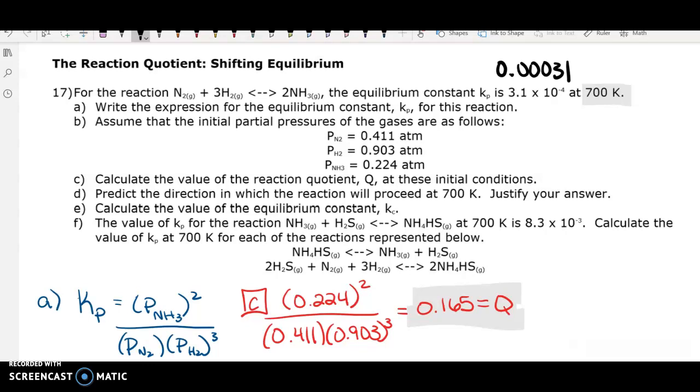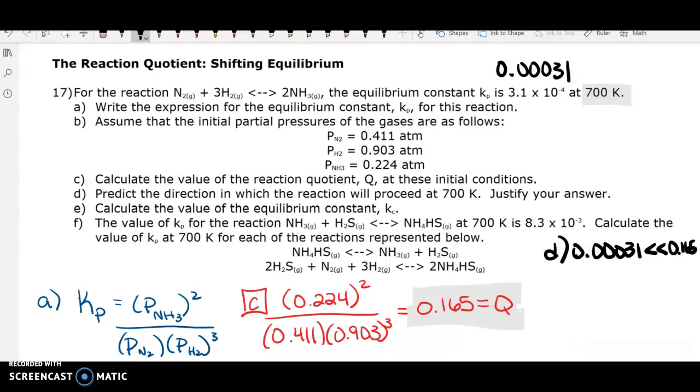So in terms of letter D, our prediction, we're going to be comparing our K value to our Q value. So 0.00031 is much less than the Q value of 0.165.